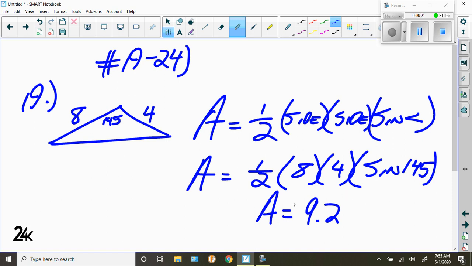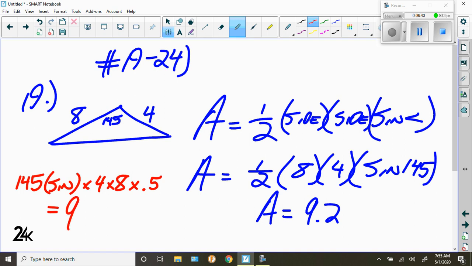So let's do it again. Here's what I put in my calculator. I did 145, then I pressed the sine button, then I multiplied it by 4, then I multiplied it by 8, then I multiplied it by 0.5. Okay? And that's where I got 9.2.